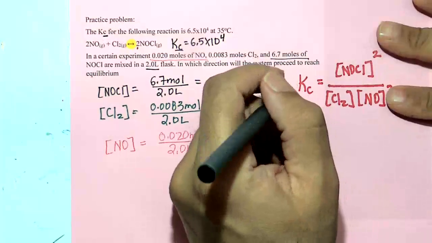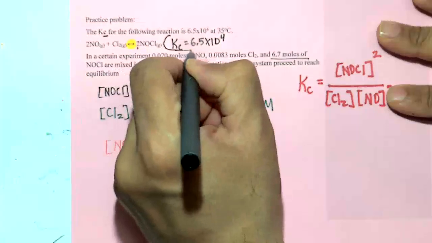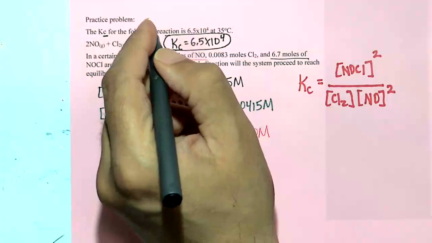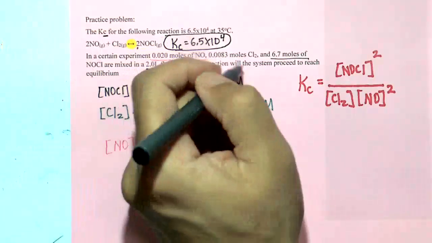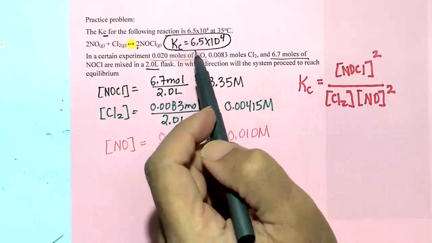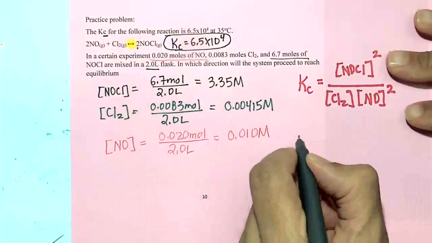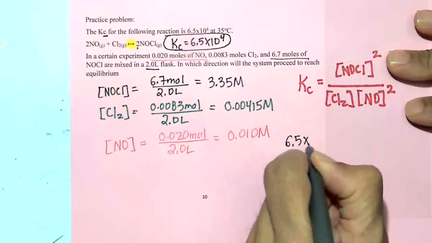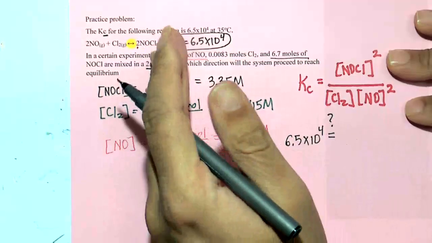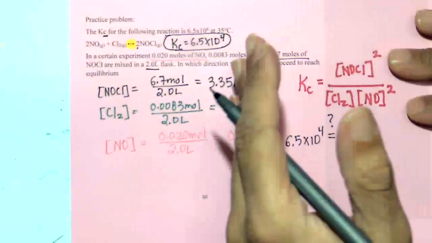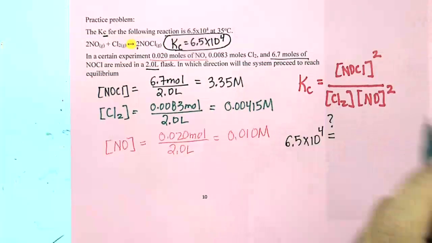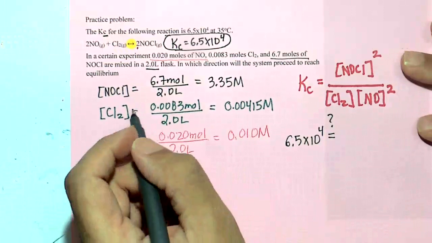If we are at equilibrium, what should this expression equal? If we are at equilibrium, which we do not know, this math should equal 6.5 times 10 to the fourth. We don't know if these concentrations, when we put them in here, equal 6.5 times 10 to the fourth, but let's plug it in and see.